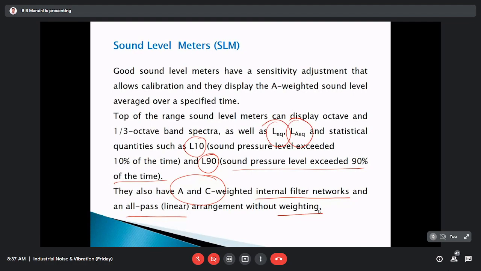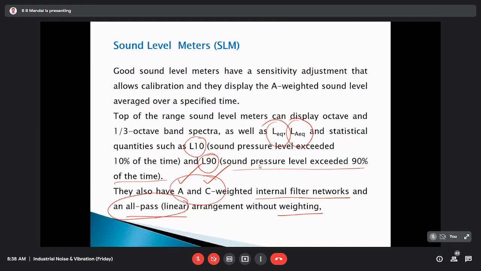This is very important to understand: all pass, it is not doing anything. When you are selecting A, it will be correcting the signal as per A weighting, your octave band corrections, and then C weighting will be mostly correcting below 63 Hertz and above probably 4 kilohertz or 8 kilohertz. Yesterday we have seen it.